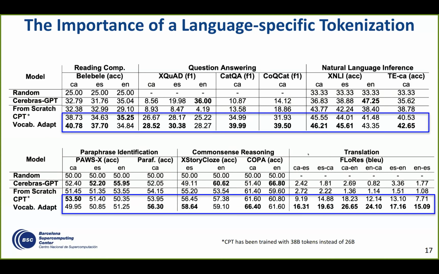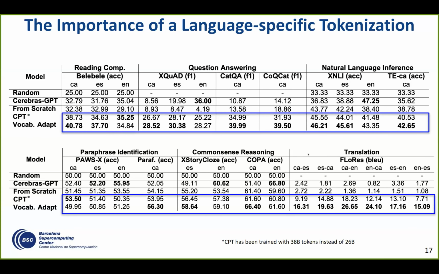So it's much slower, and it has obvious downsides. However, what's more important is that it seems that when we adapt the vocabulary to our target language, it outperforms the CPT one in most of the tasks. There's an exception maybe with PAWS-X, but it's very close to random, so we don't feel like it's relevant.